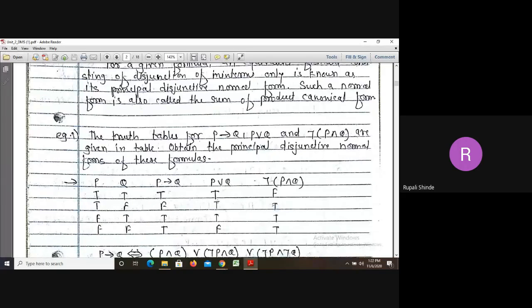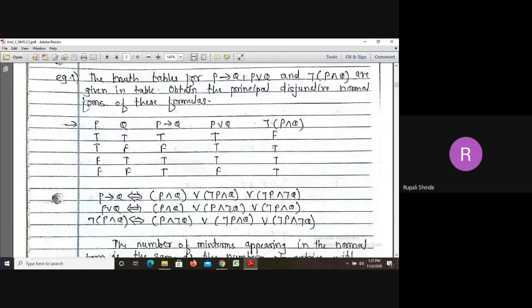So just we have to check where we have written T, and for that respective T, what are the values of P and Q. If value of variables is T, then we have to consider that variable in original form. If value of variable is F, then we have to take negation of that particular variable. This is the procedure.